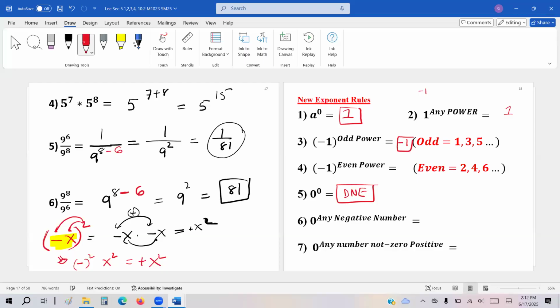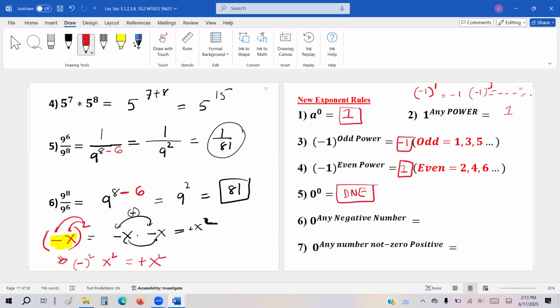For example, -1 with the 1 is the same as -1. -1 with 3 means you're multiplying negative, negative, negative. It turns into negative. So if you multiply a negative an odd number of times, the result is negative. And how about even power? If you multiply negative any even number of times, positive.